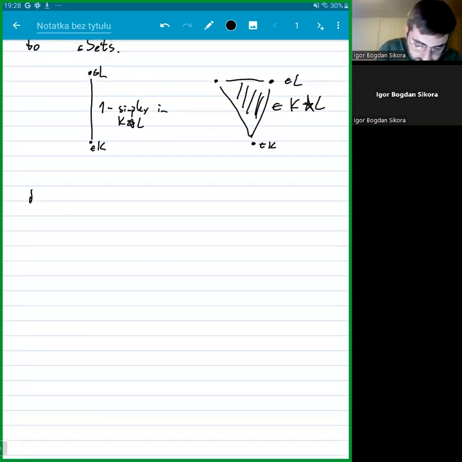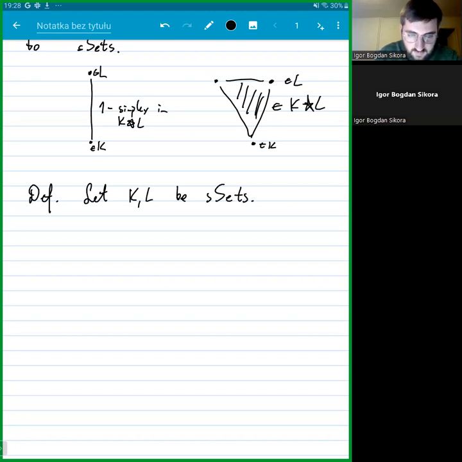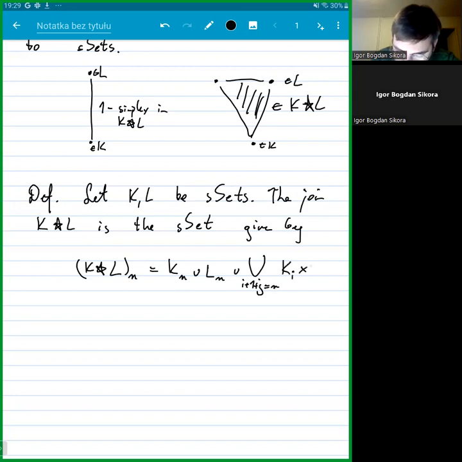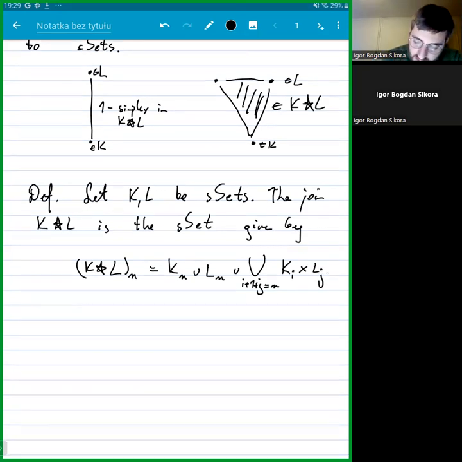So the definition is that if we have two simplicial sets, then the join K join L is the simplicial set given by: n simplices of K join L consist of n simplices of K, n simplices of L, and a sum over i plus 1 plus j equal to n of K_i cross L_j.